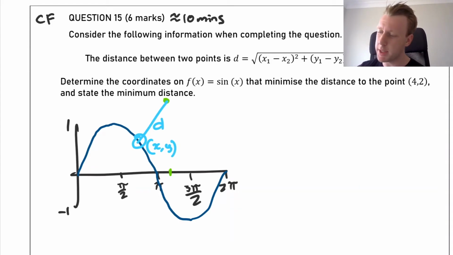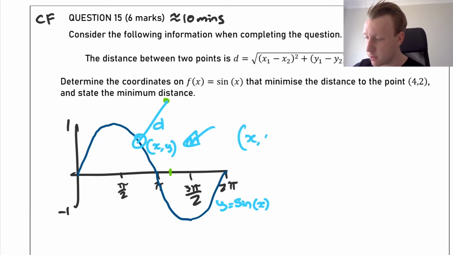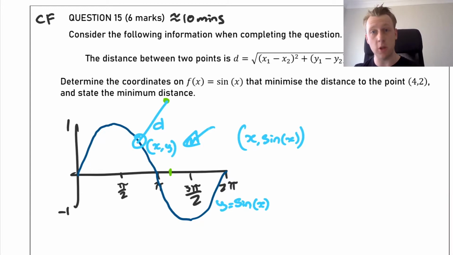Well, what's nice about this is the fact that I know what the y value is equal to. The y value is sine of x. So you could rewrite these coordinates there as x, comma, sine of x, because whatever the x value is, the y value is going to be sine of that function, because the function just spits out the y value.